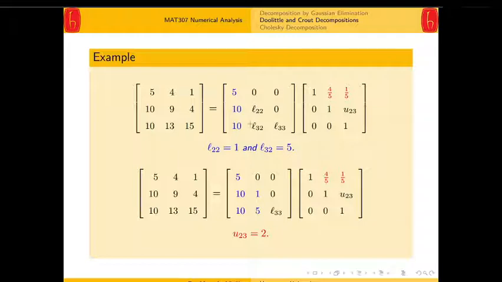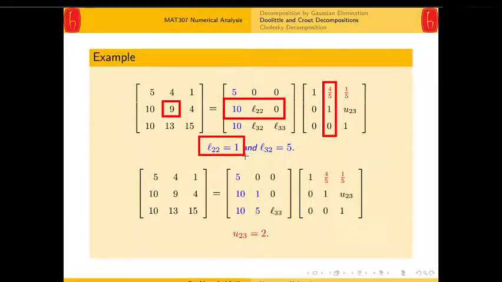We move on to the second column of the lower triangular matrix. Here we can multiply, for example, the second row with the second column. So this will give us 8 plus L22 is equal to 9, so L22 will be 1.